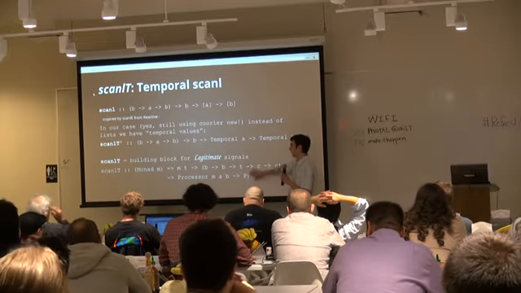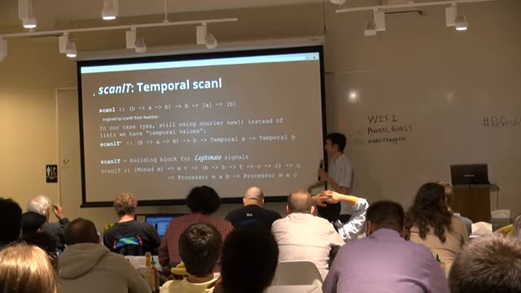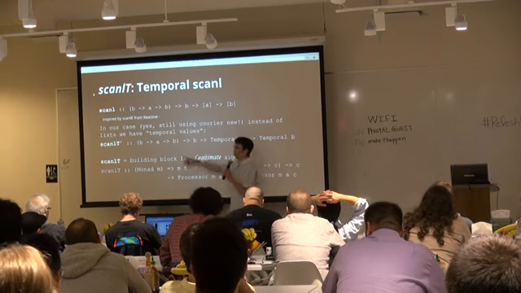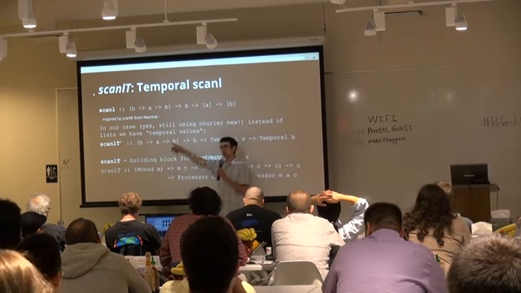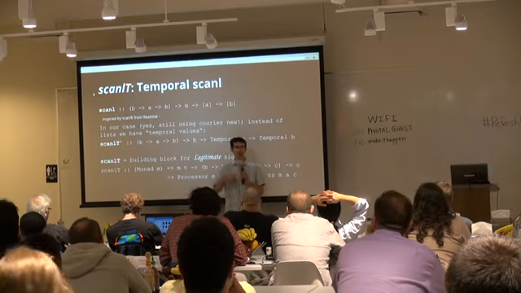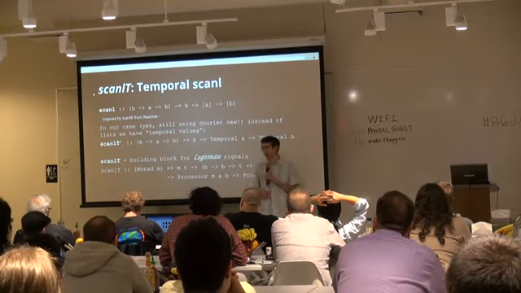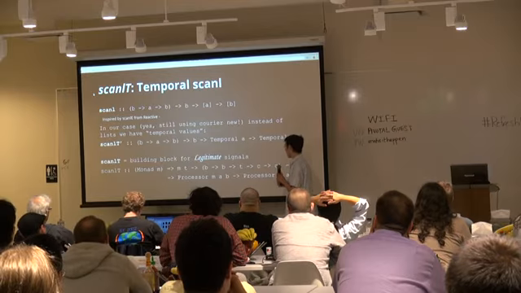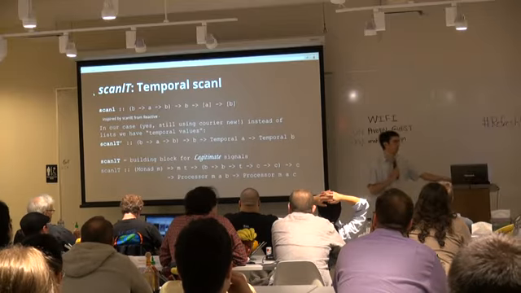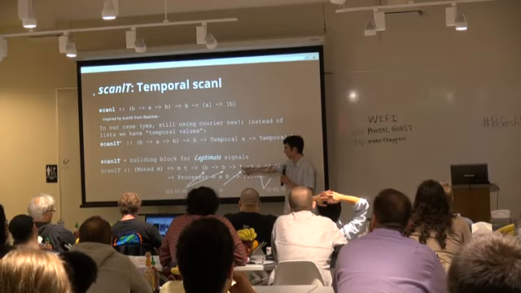So this is the actual signature that's used in my library, and the reason why it's so much more complicated than this is that that's not enough information for computing interesting things. For example, if you want to compute a differential, you need both the current input and the previous input. So you could store that in the state, but that's kind of ugly. So the easier way is to always pass in the current input, the previous input, and the difference in time between those inputs.